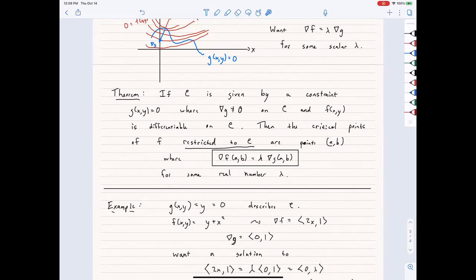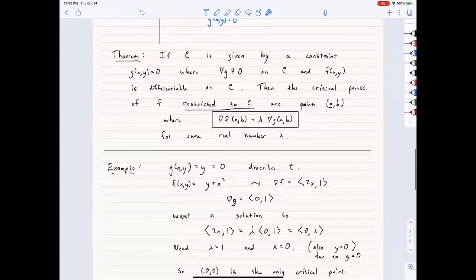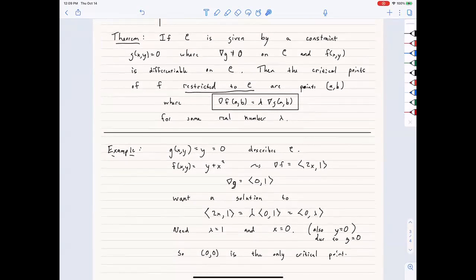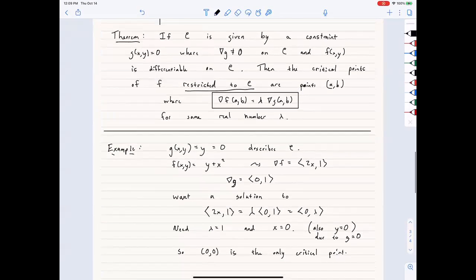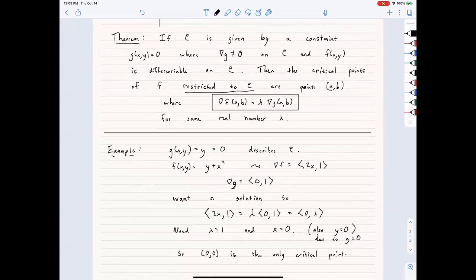You just solve this equation of the gradients, which is often easy to calculate. So this is a really powerful tool to get around having to parametrize curves or surfaces in higher dimensions. Very, very powerful. That's why you'll see it in a lot of applications.